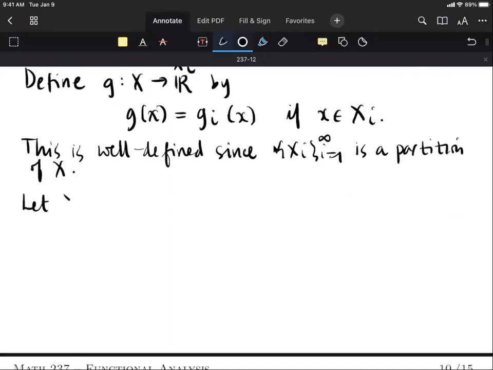To apply the monotone convergence theorem, let us consider Y sub n to be the union of the first n sets.